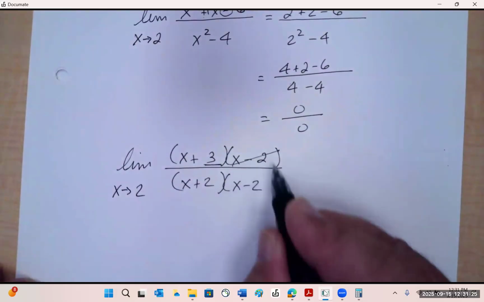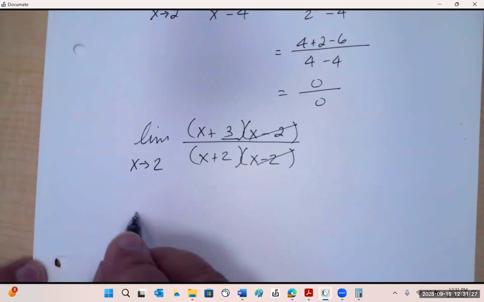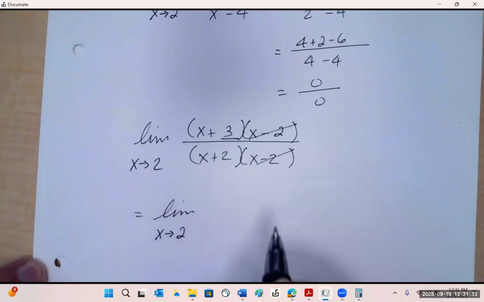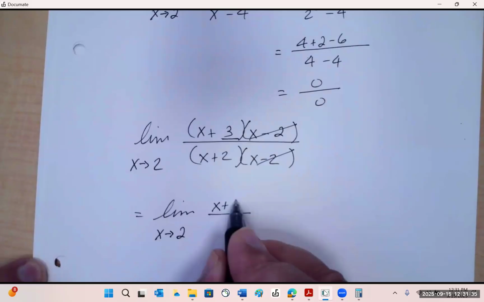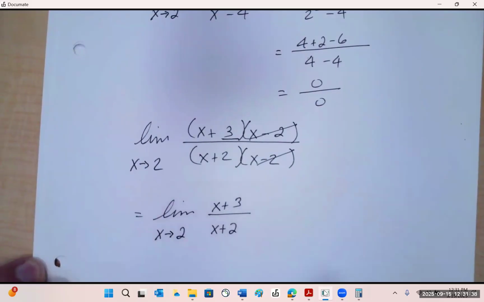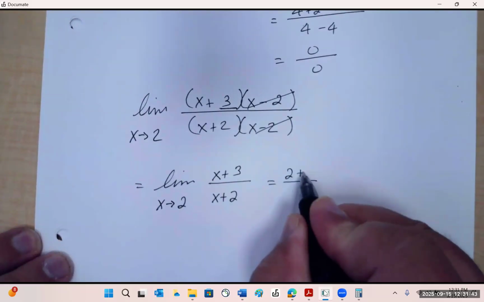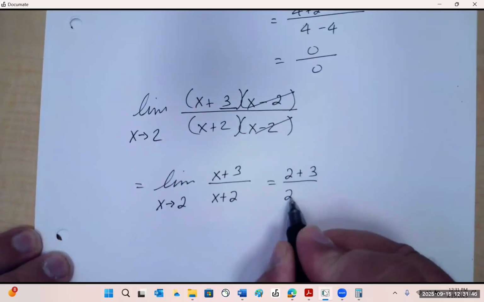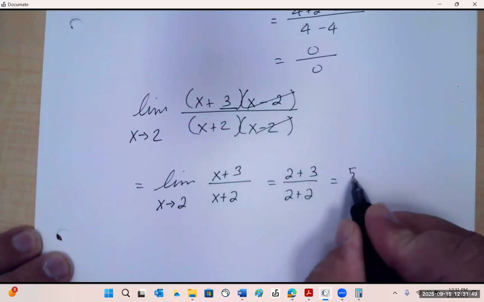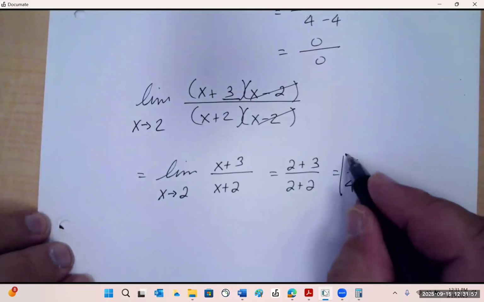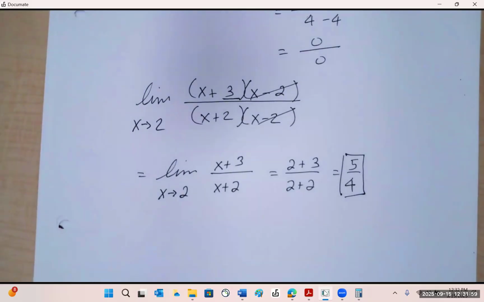The x minus 2's can cancel. So now we have x plus 3 over x plus 2. Plug in our x value. What does this number represent?